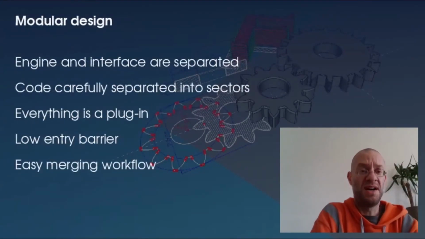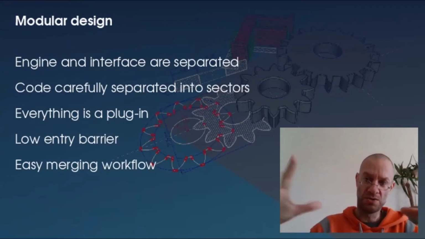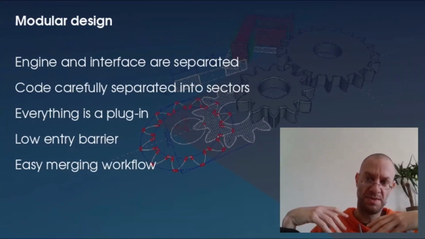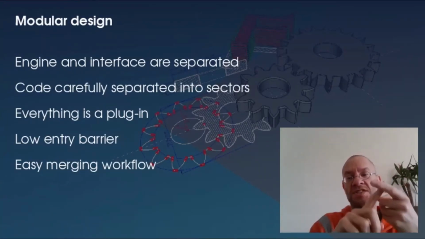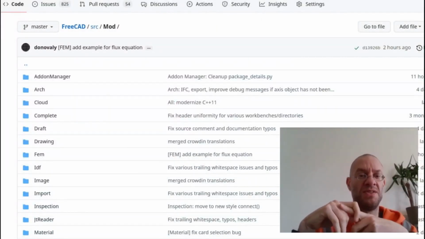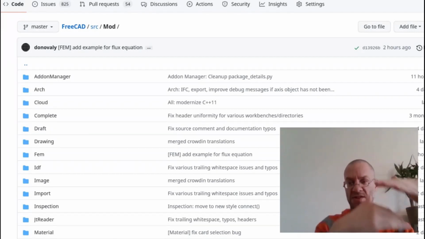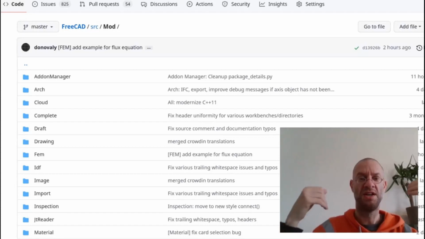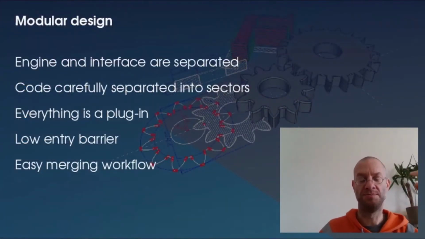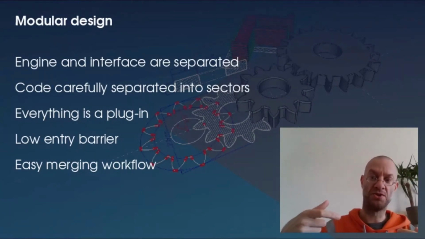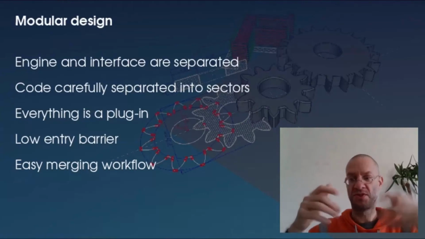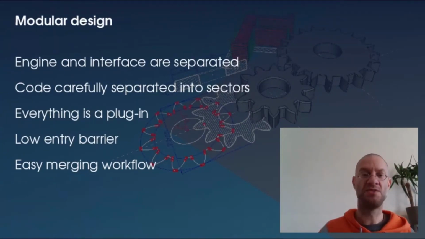The design of FreeCAD itself, how the code is designed, is very modular. The engine and the interface code are separated. The code is carefully separated into different sections. There are boundaries between these sections. There is dependency: one part can depend on another, but the other cannot depend back on the first one. So you have a clean dependency tree.